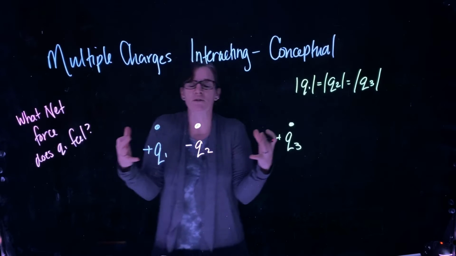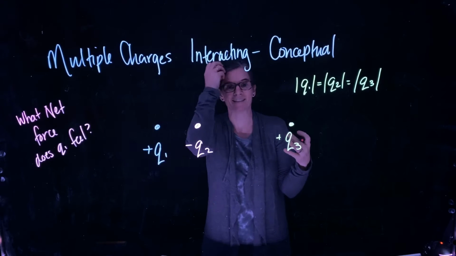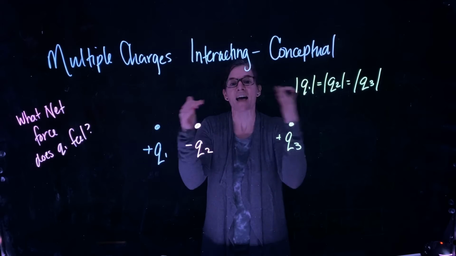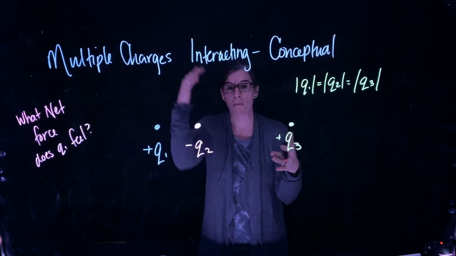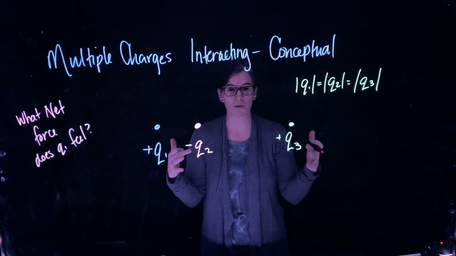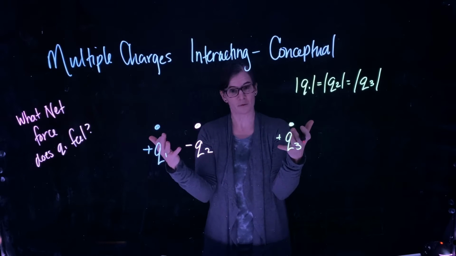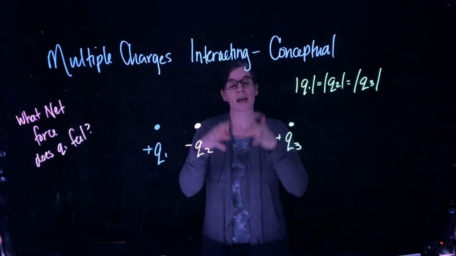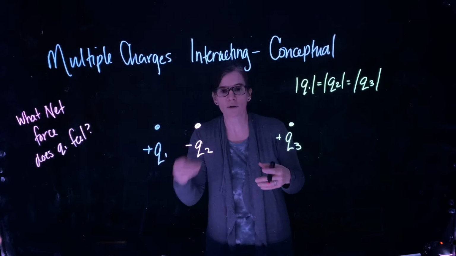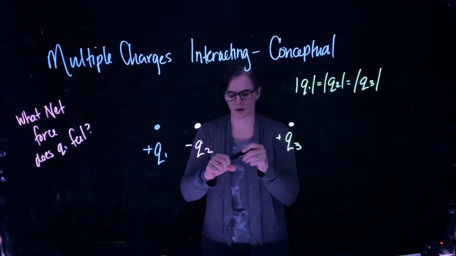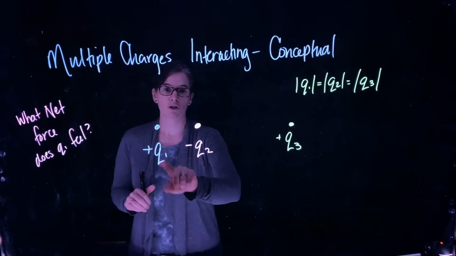Like we talk about net forces acting on an object, multiple pushes and pulls, net electrical forces can also act on an object. And we have to look at the vector sum of those forces to see what the total force is acting on that charged particle.